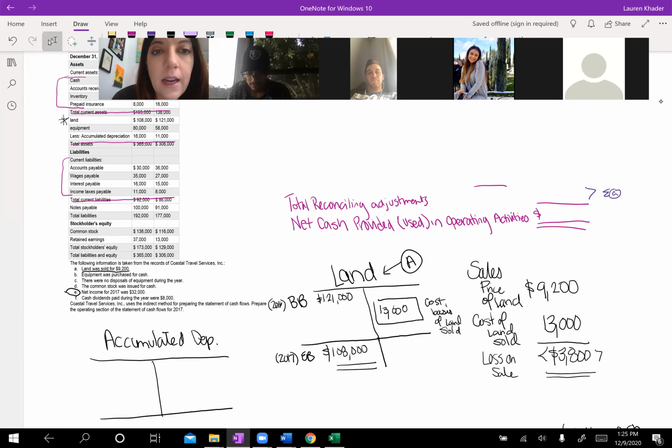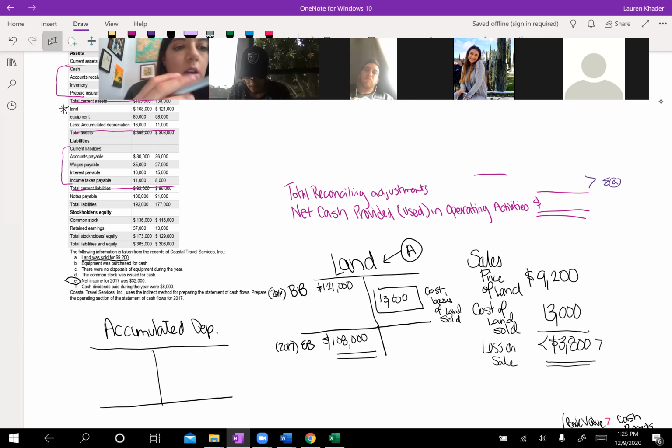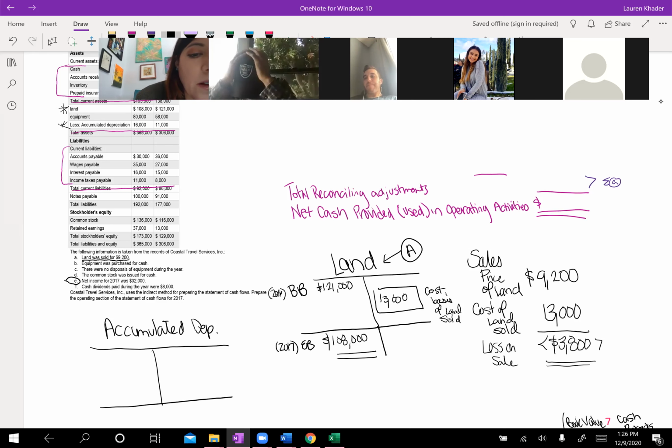For the next item that we need to add back for depreciation expense, we're going to use the accumulated depreciation information here. Accumulated depreciation is a contra asset account. The beginning balance and the ending balance are on the credit side.